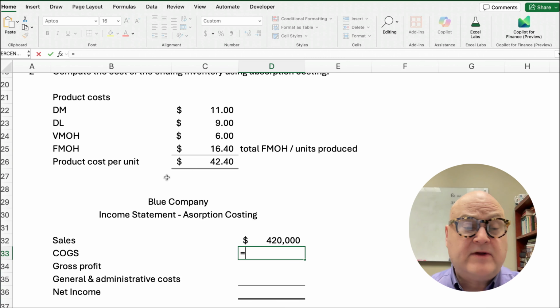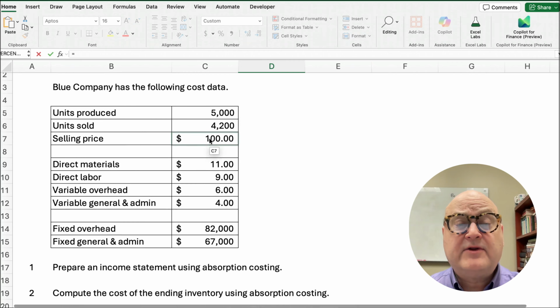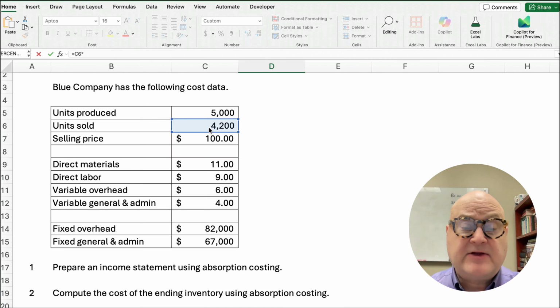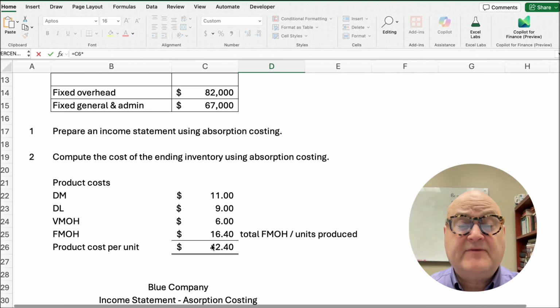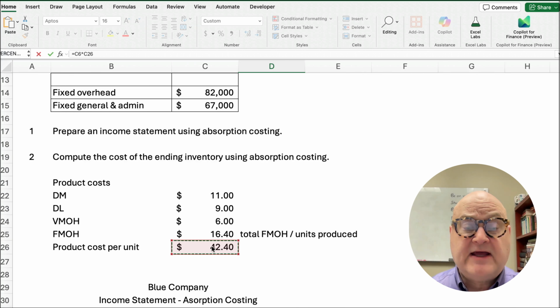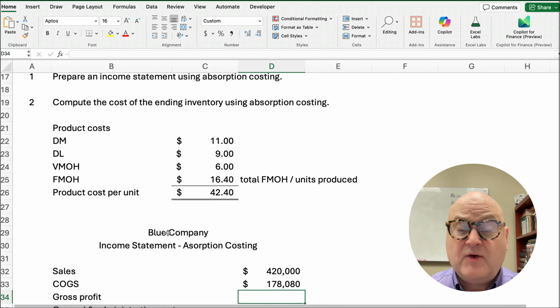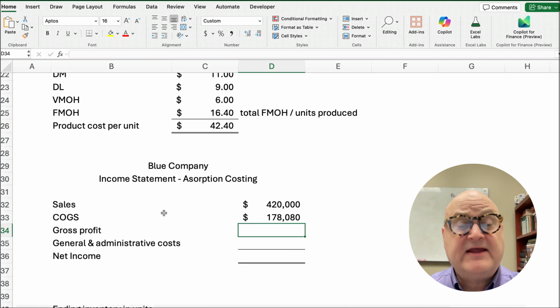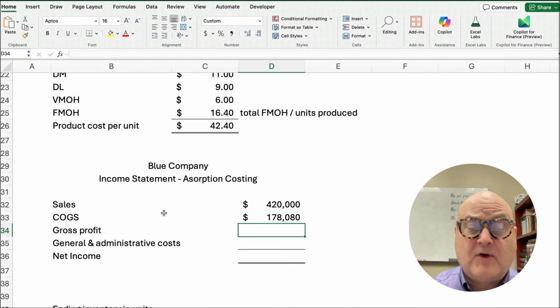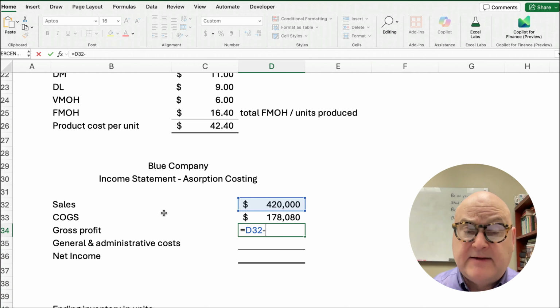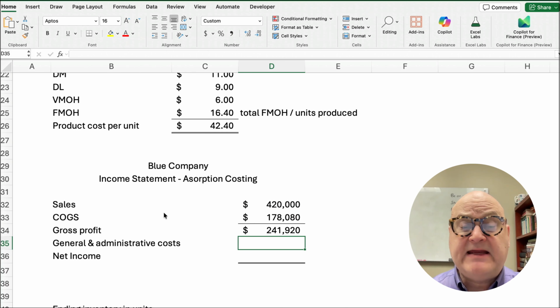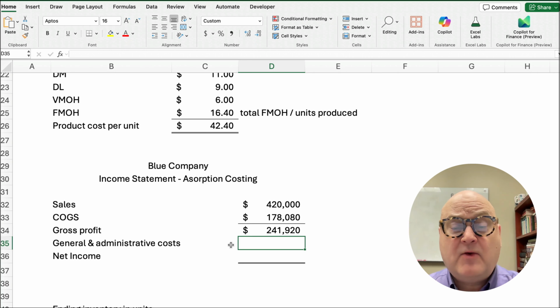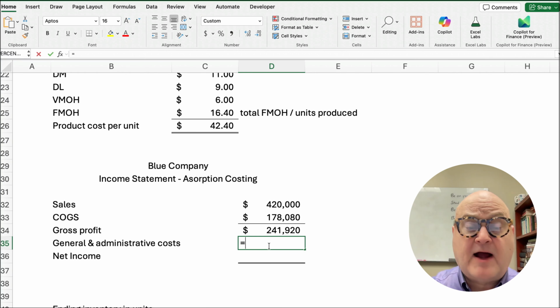Now we sold 4,200, and each one of those items cost us $42.40, so our cost of goods sold is $178,080. Sales minus cost of goods sold gives us gross profit, so 420,000 minus 178,080 gives us $241,920.